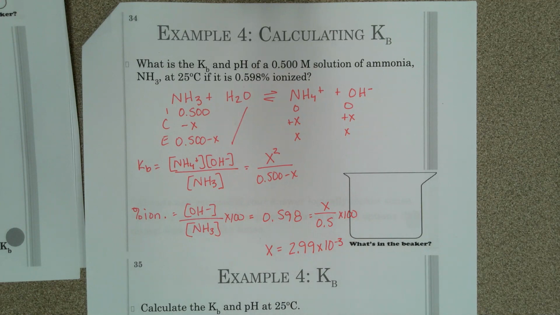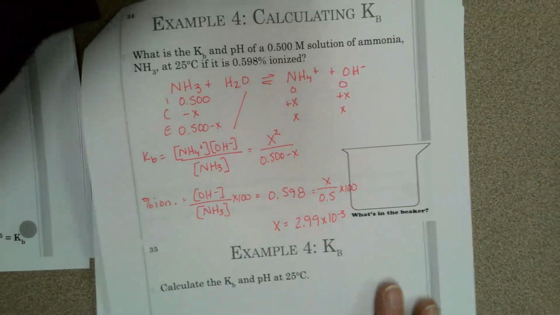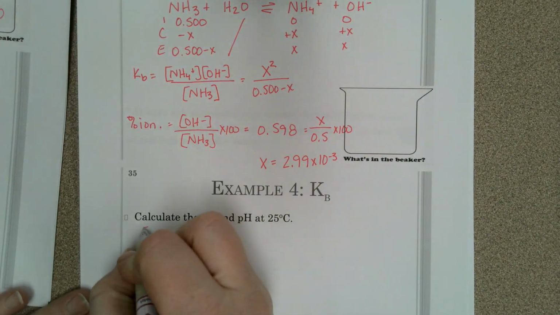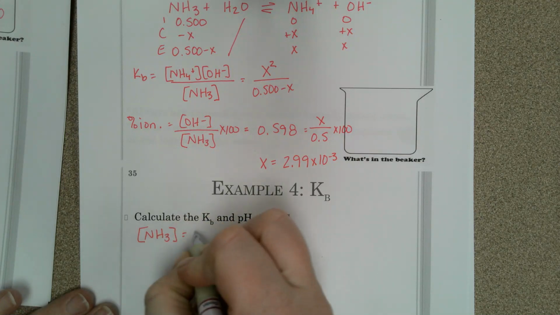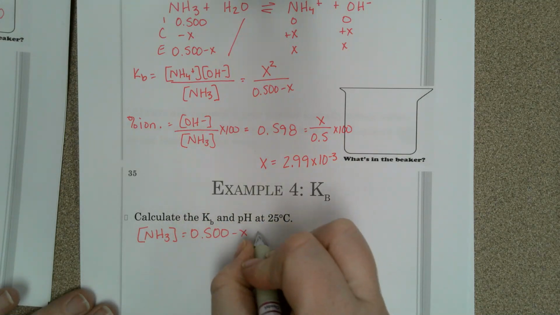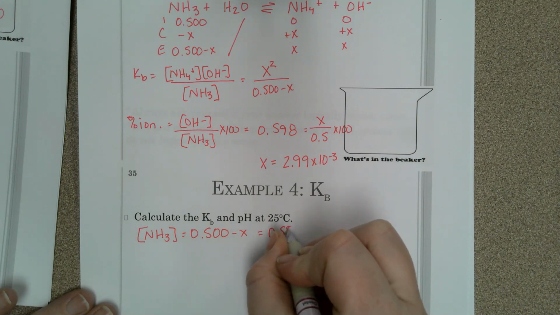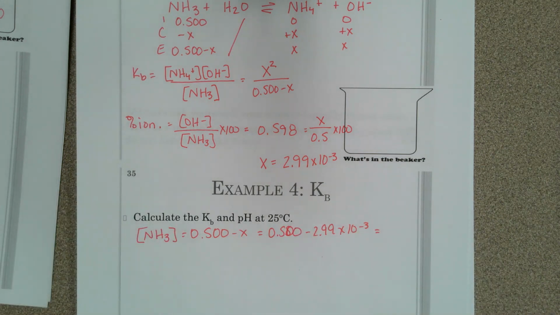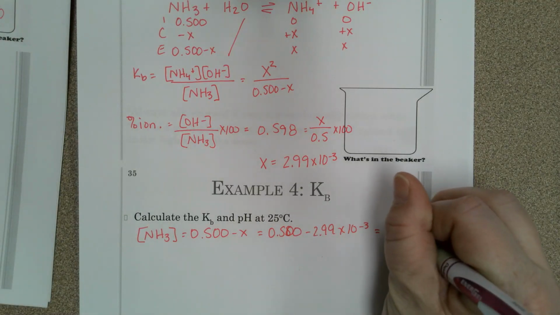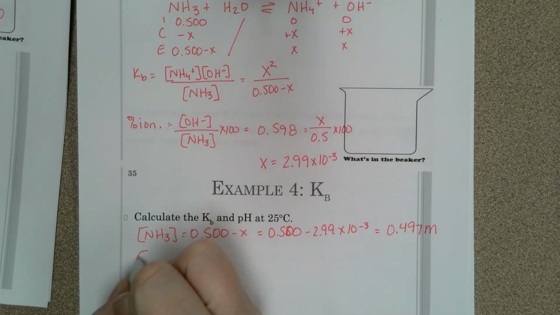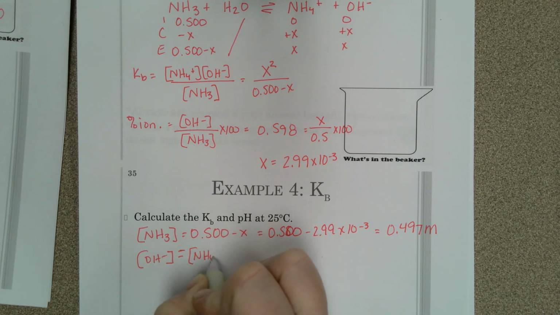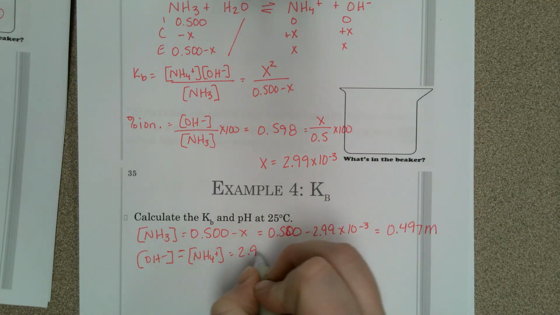So now that we have our x value, we can solve for our concentration of our other substances at equilibrium. Our concentration of NH3 is going to be 0.500 minus x. Our concentration of NH4 plus is going to be equal to our concentration of OH, and we've already solved for that because we solved for x.